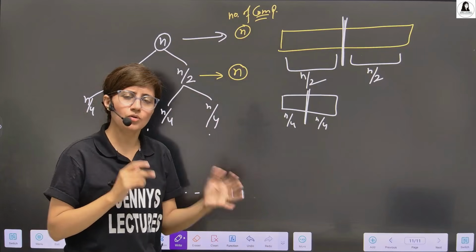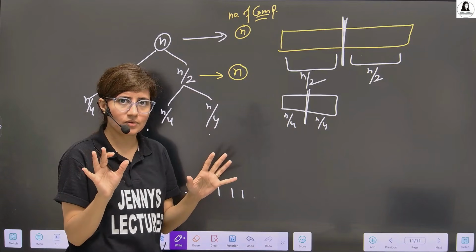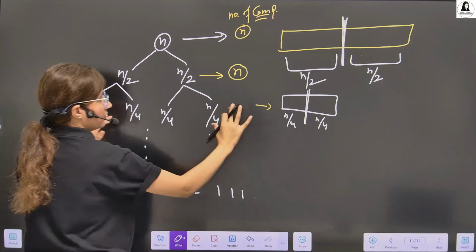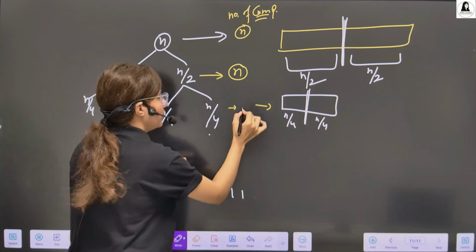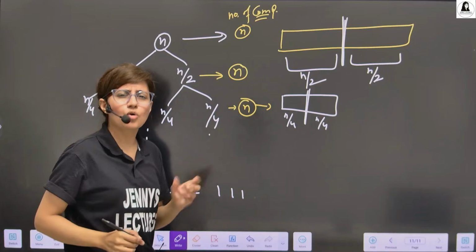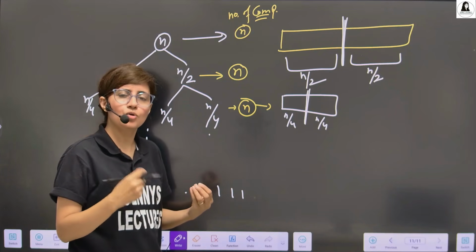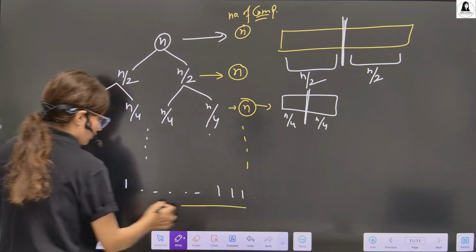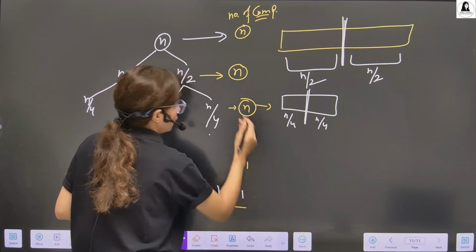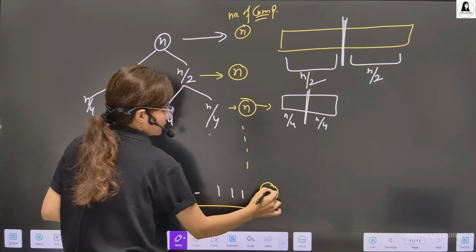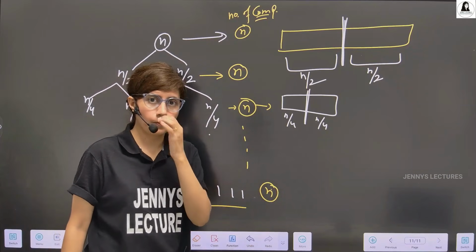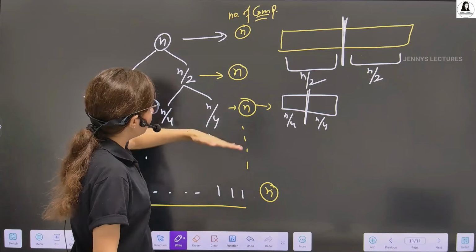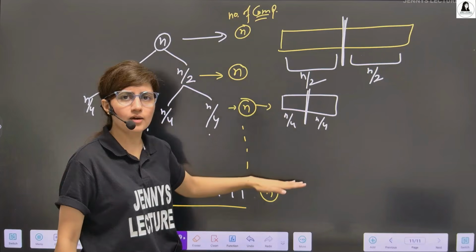You can say n minus 1 or write it as n itself. Combined, the total number of comparisons at the next level is almost n. Not exactly n, but almost n. For the last level also, almost n comparisons. So for every level, the number of comparisons is almost n.